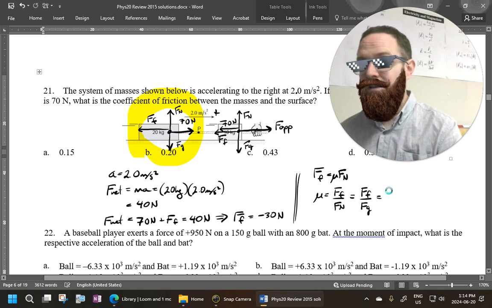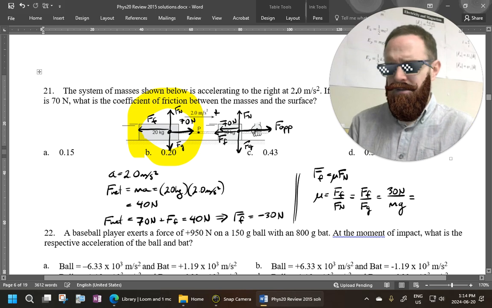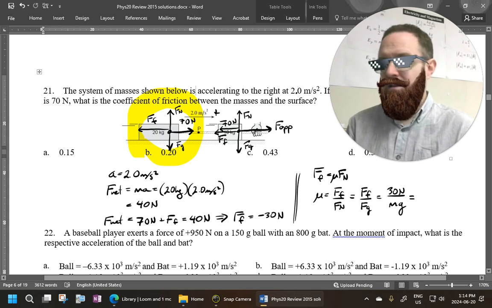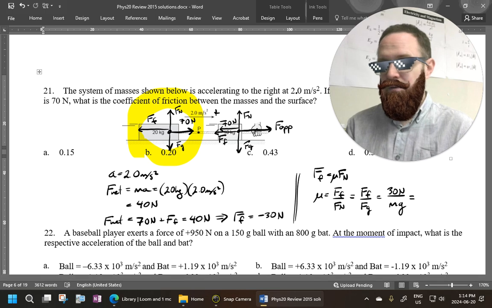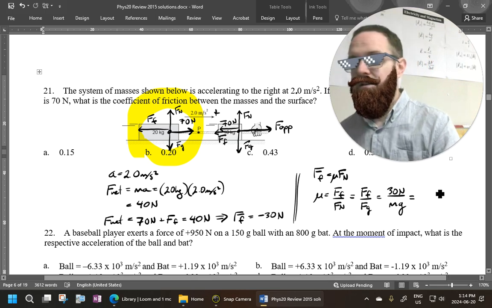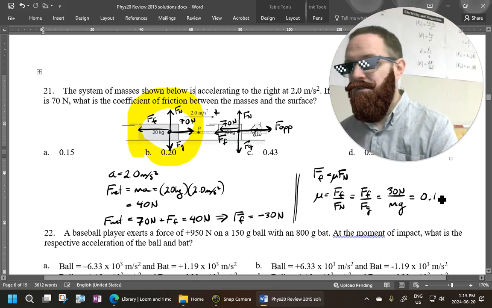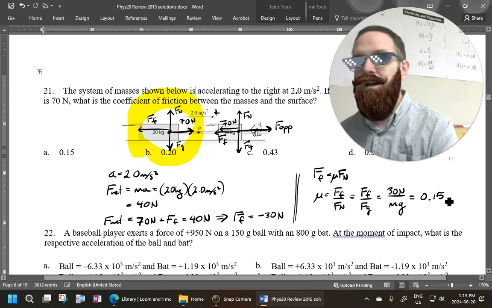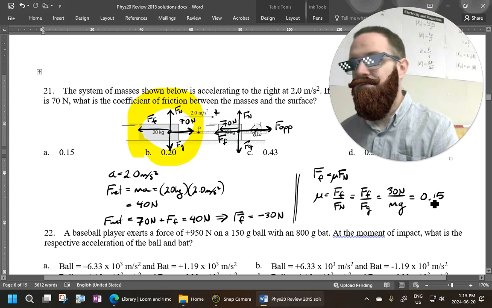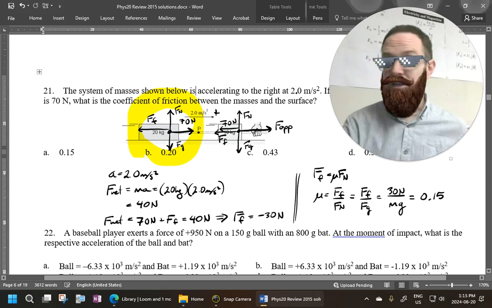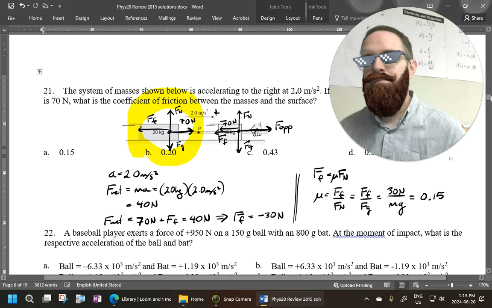And remember, you can find Fg by going mass times gravity, mass times 9.81. So I'm going to have 30 divided by 20 times 9.81, and I get 0.15. That's it, 0.15. So remember, this one doesn't have any units. All right.